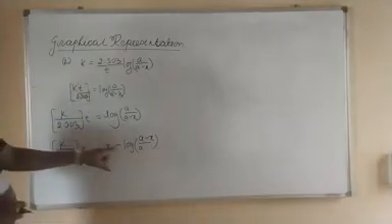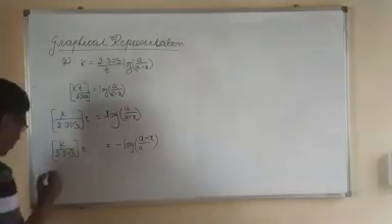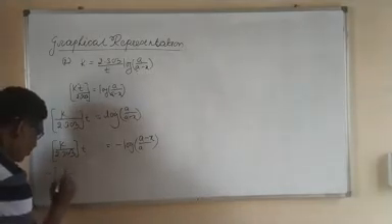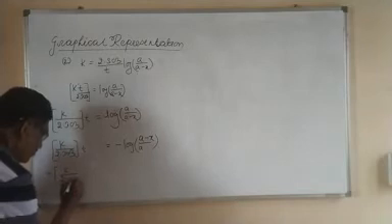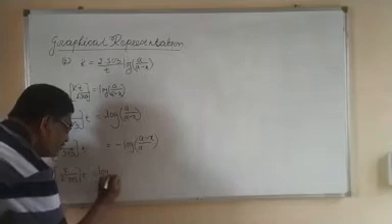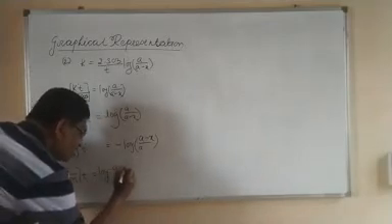If the sign is shifted here, then it will be minus k upon 2.303 t is equal to log of a minus x over a.